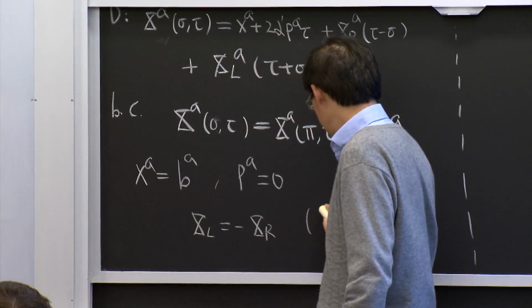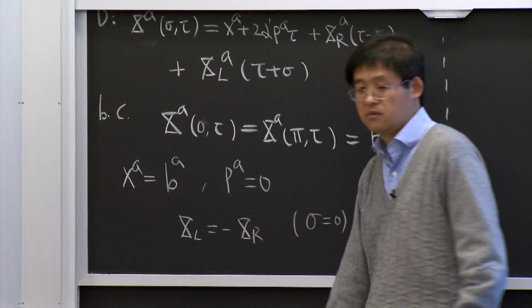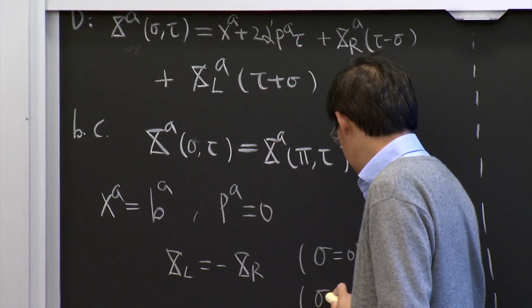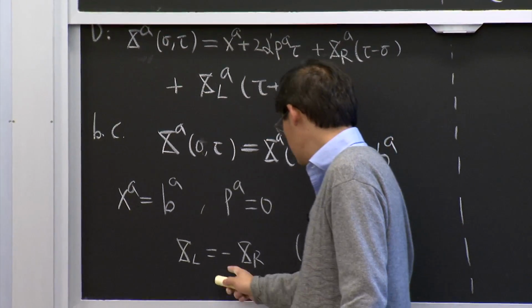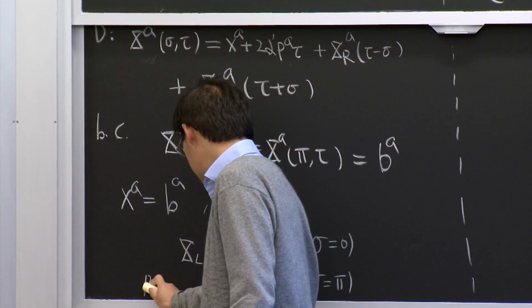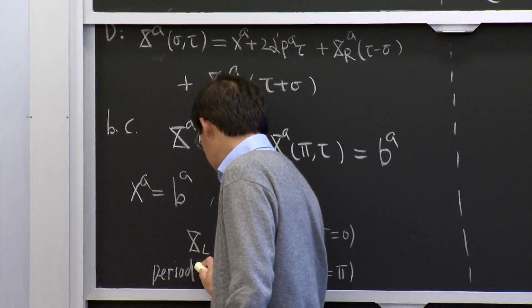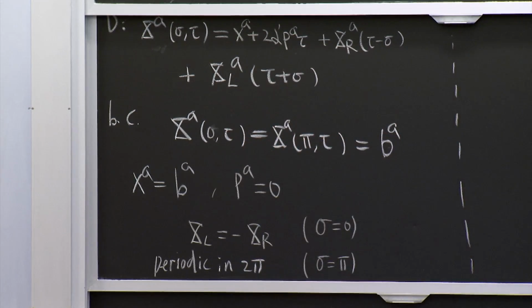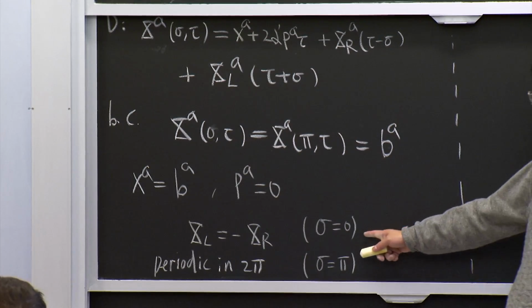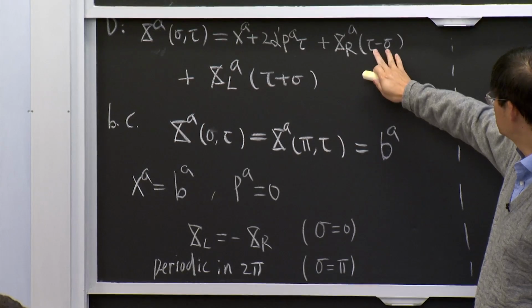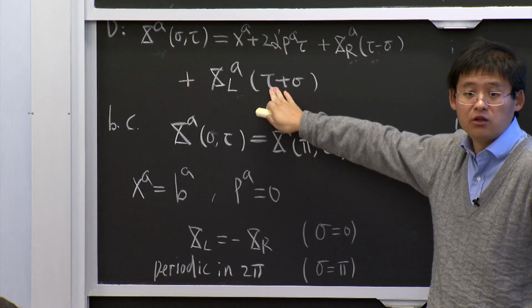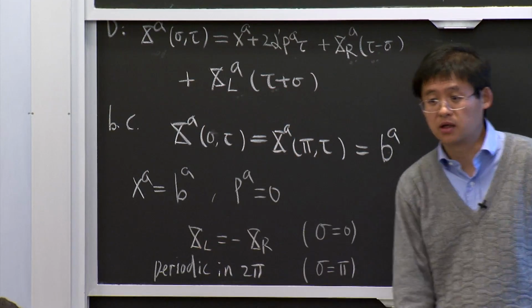This is from the boundary condition at sigma equal to 0. Then from the boundary condition at sigma equal to pi, you deduce both of them are periodic functions in 2 pi. You can see it easily: at sigma equal to 0, you just have XR of tau plus XL of tau equal to 0, so you should have XL equal to minus XR.